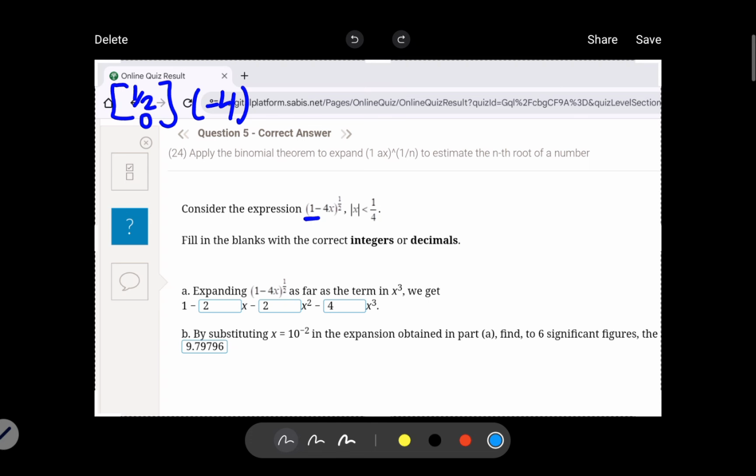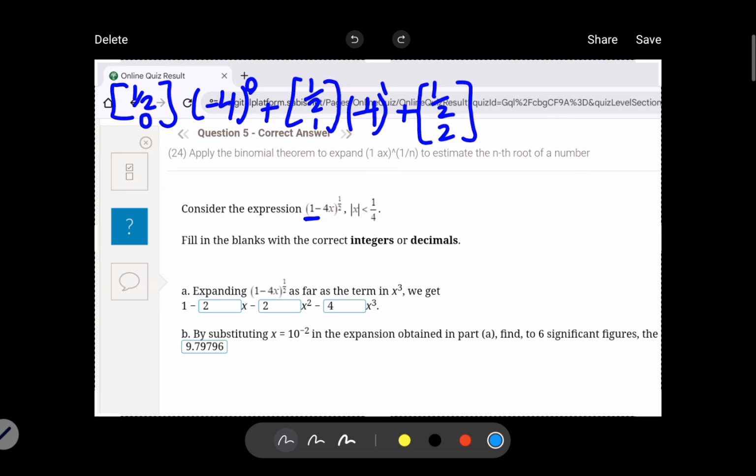Negative 4 to the power of 0, then plus 1 over 2 choose 1, negative 4 to the power of 1, then plus 1 over 2 choose 2, okay, then negative 4 to the power of 2.